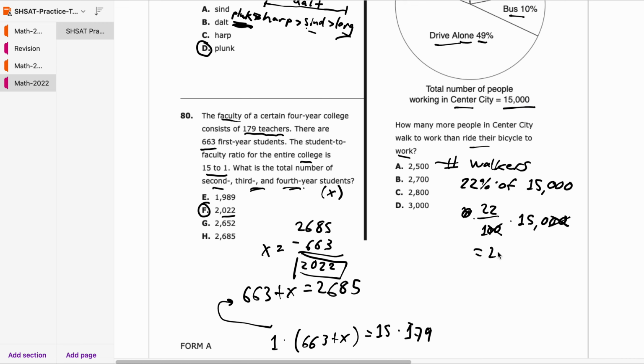And this is equal to 22 times 150. Here, I guess we have to do the math.